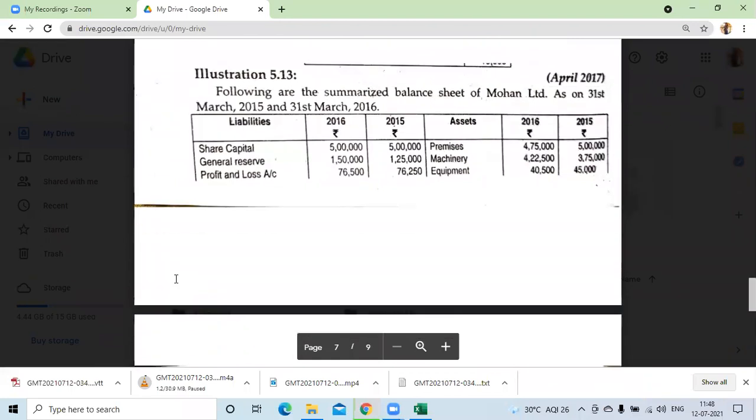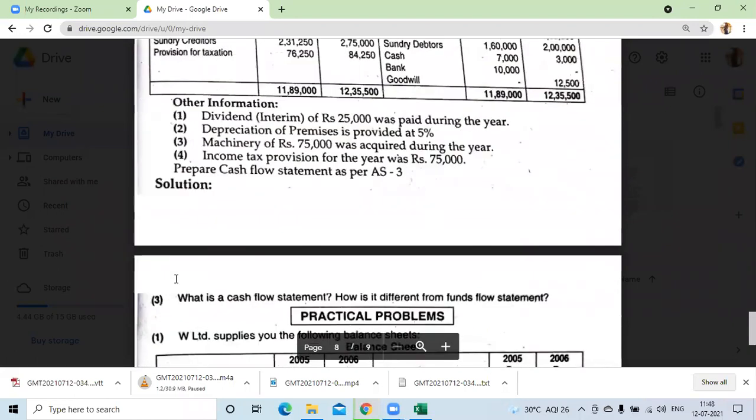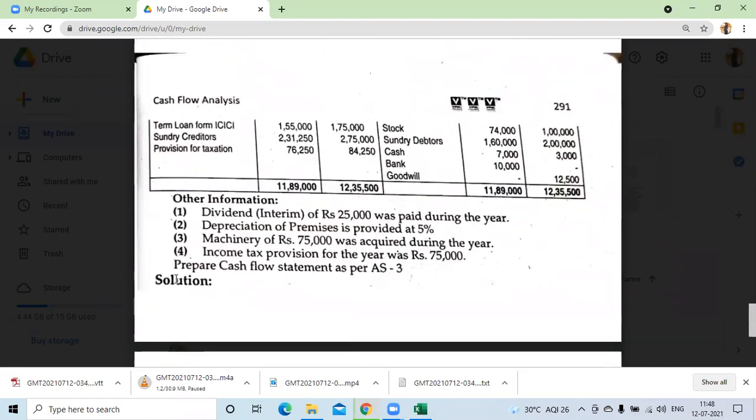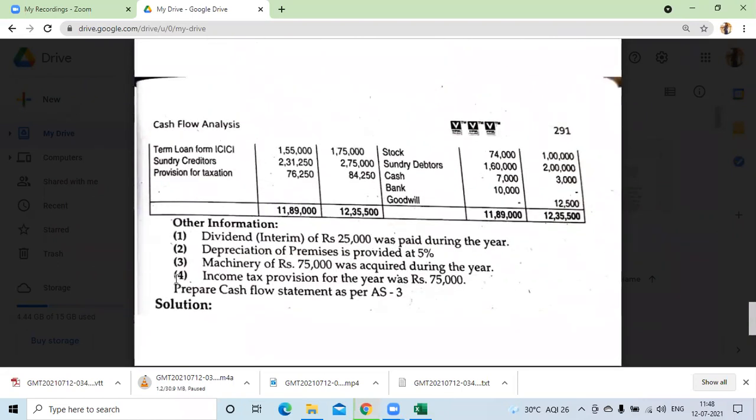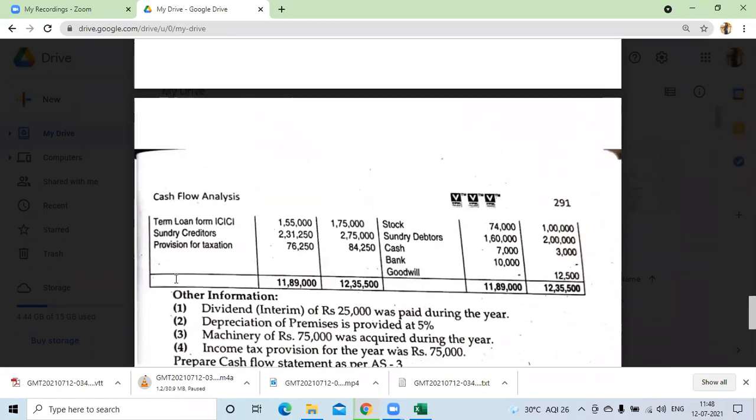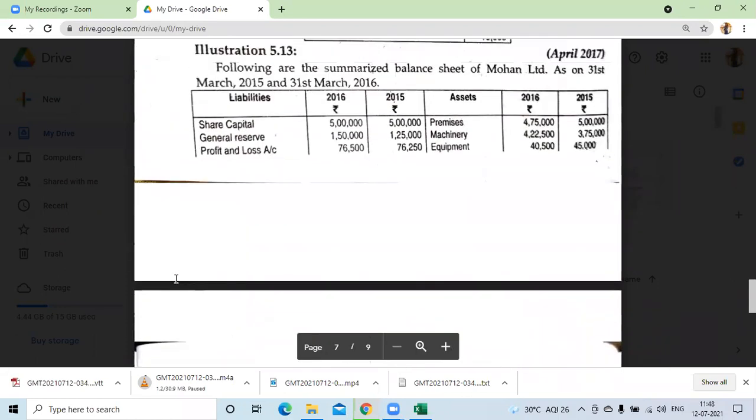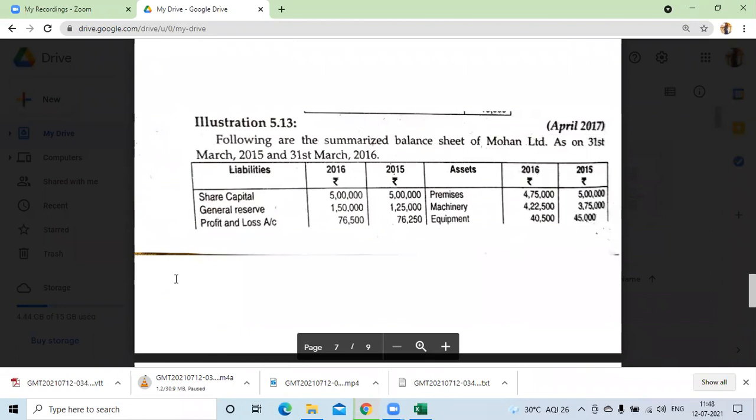If you don't understand adjustment number 2, or adjustment number 3, then only that particular adjustment you leave. And then I will be explaining that in the next lecture, and we will wind up with the question. So you're going to do 5.13 in your homework, but please make sure you are doing it.